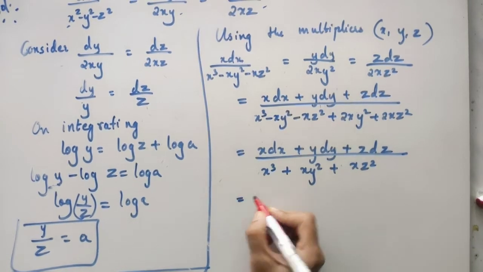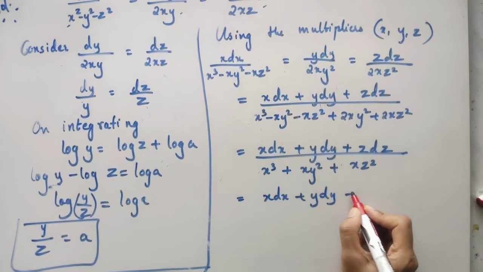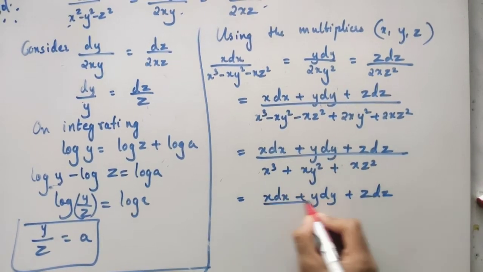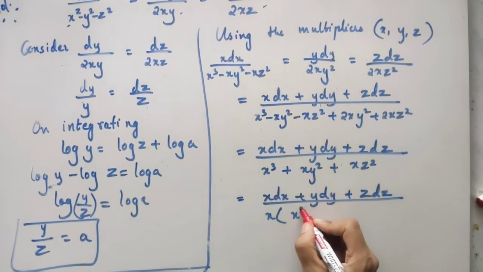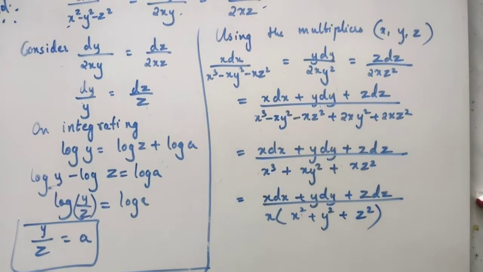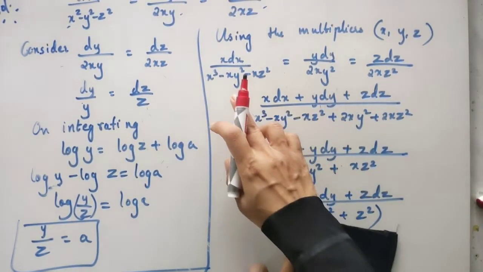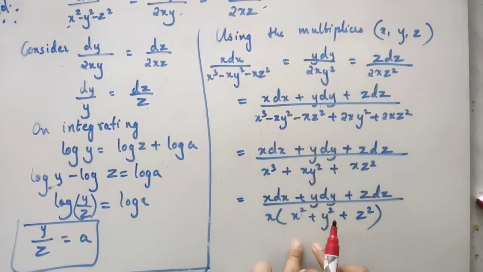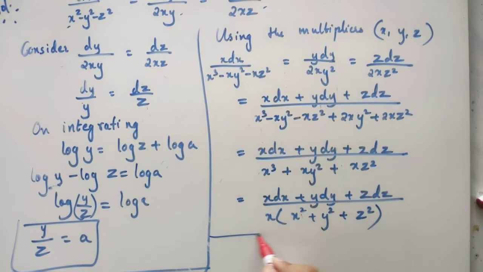After simplifying all that, you can take x common. So it will be (x dx + y dy + z dz) divided by x(x² + y² + z²). Now, since each of them is equated to this, I can equate the second with the last, or the third with the last, to simplify my final answer.